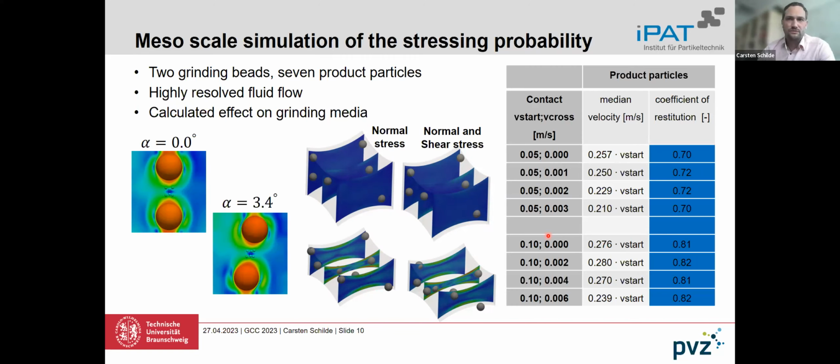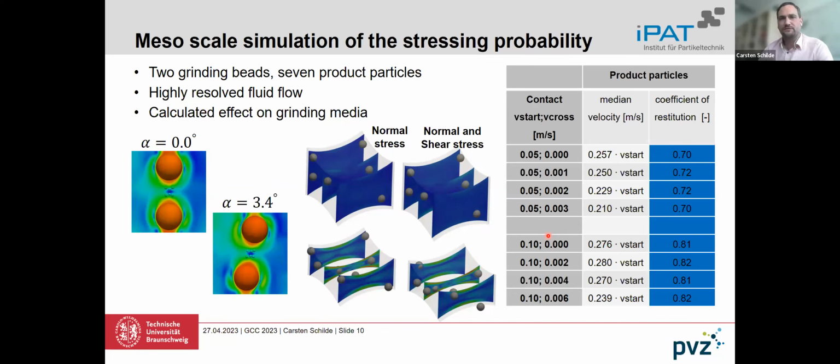And what you then obtain from the simulation is a slightly increased 20–30% capture probability if you have rotational velocity, additional to the normal velocity. That was an output which is just a rough estimation based on the few simulations we did.